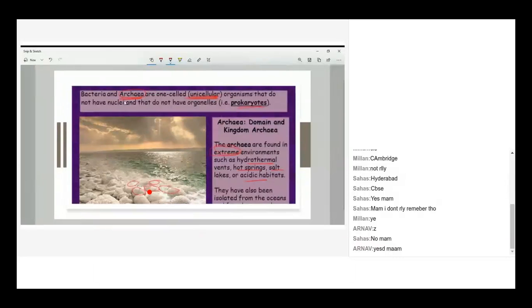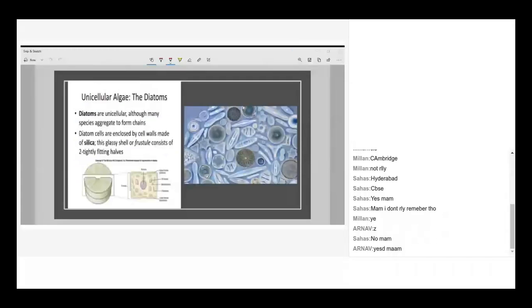So archaea is the word which indicates a unicellular organism. At the shore, the circled white patches are there, no? Those are the archaea, one example of a unicellular organism. I am showing the pictures so that the name and the figure will register properly in your mind.